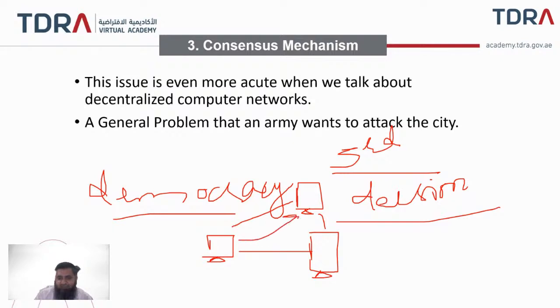Node 2 gives its opinion: yes, add the block. Then it asks node 3, and passes the message that node 1 and I agree to add the block. Do you agree? It says yes. Then it asks node 1 whether node 2 is saying that you want to add the block to the blockchain. So in this way, the consensus is made, and this is a type of democracy, and this is also called proof of work.